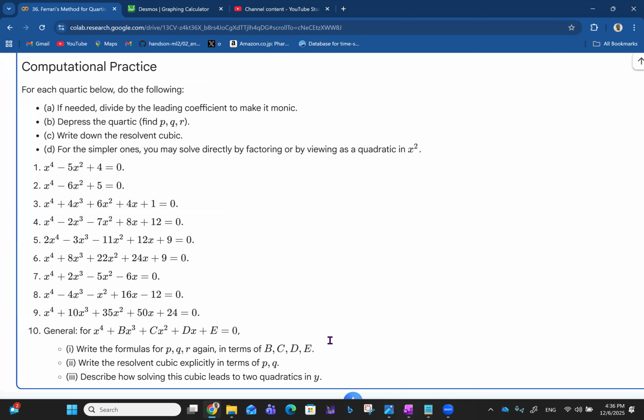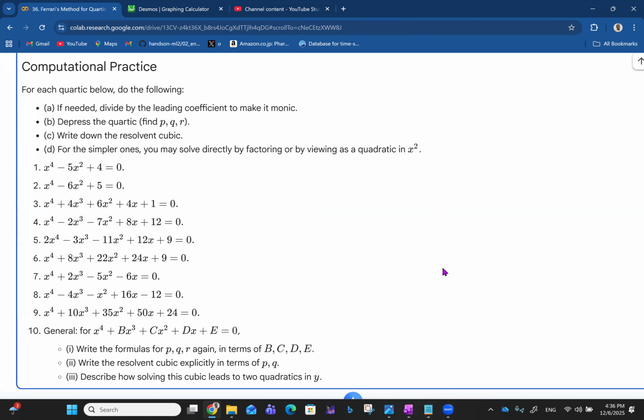So, let me take question 9. We have x to the power 4 plus 10x cubed plus 35x squared plus 50x plus 24, using Ferrari's method. Let's go.